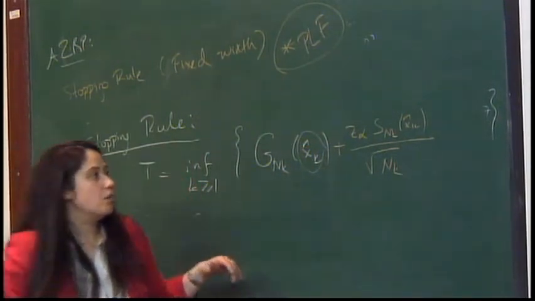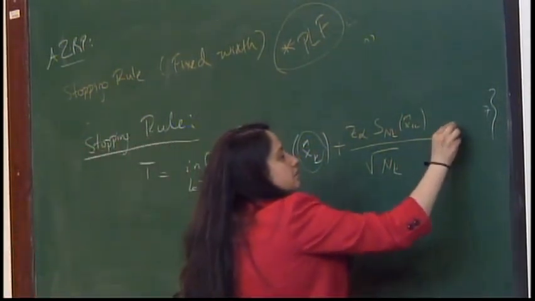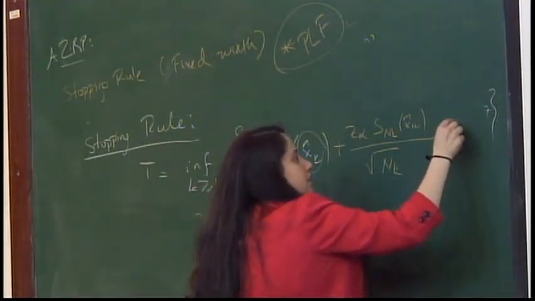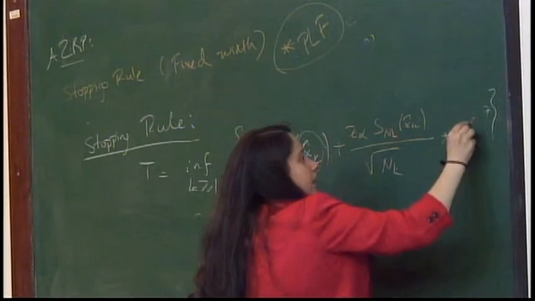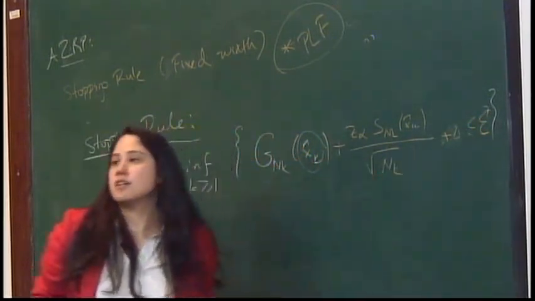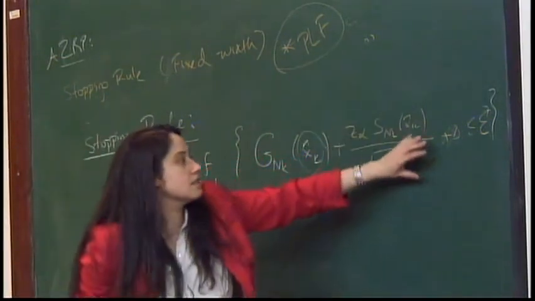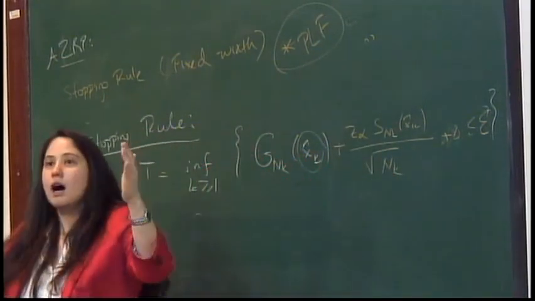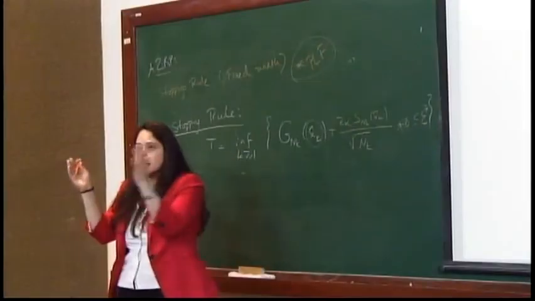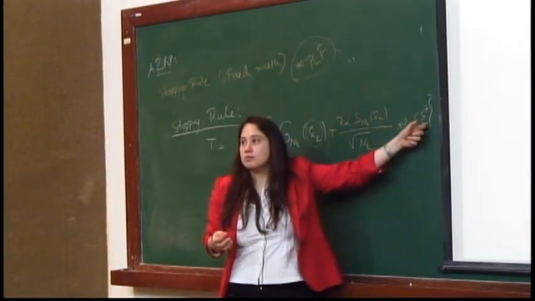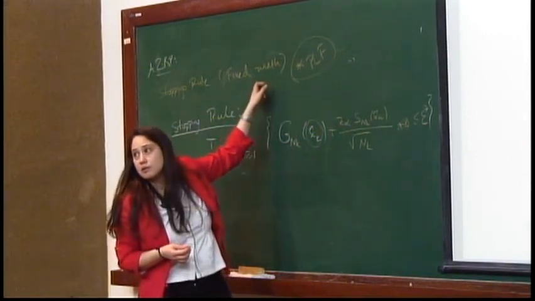So I'm going to stop when it is less than or equal to some fixed width, right? So when the confidence interval width, so how much I believe the optimality gap is, is less than some fixed number, then I'm going to stop. That's what I call a fixed width stopping rule.